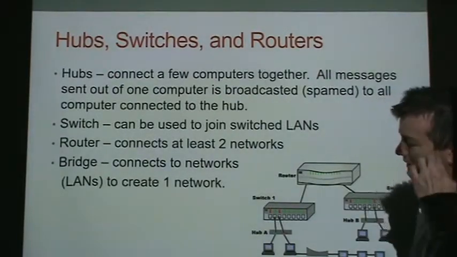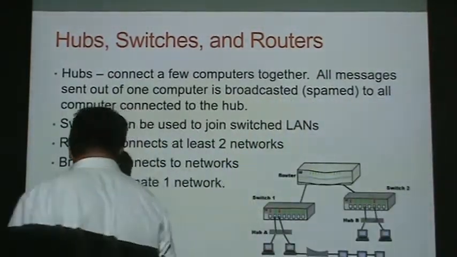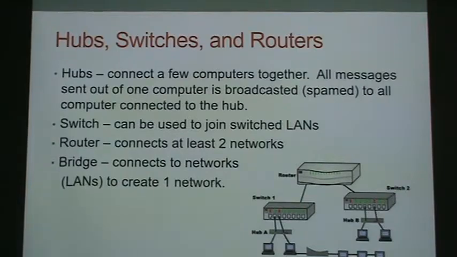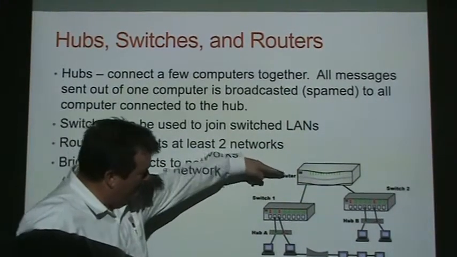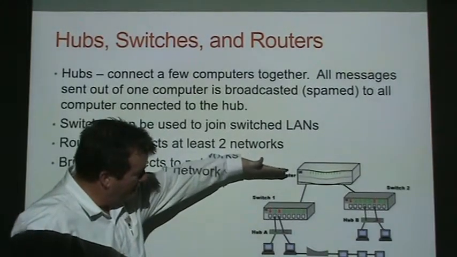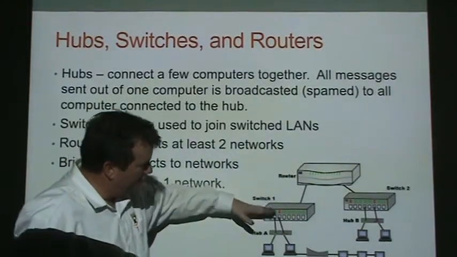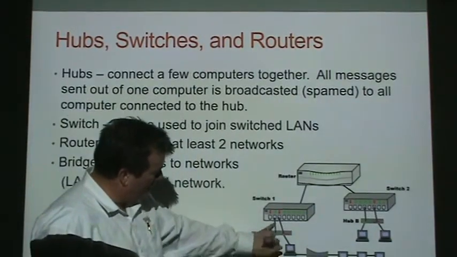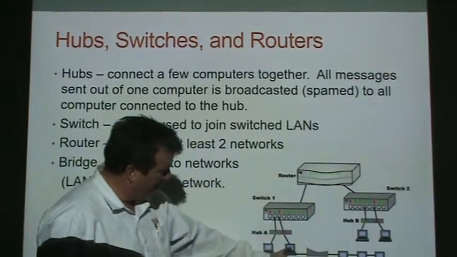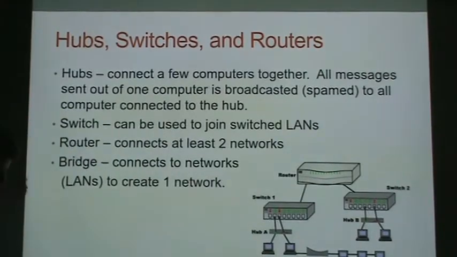Okay. Then there are other electronic devices that are part of a network you can use to put a network together. So we have the idea of a router. It's kind of a hierarchy, a router, and then we could have switches, switch 1 and switch 2, and then a switch could have hubs plug into them, and then computers can plug into a hub.